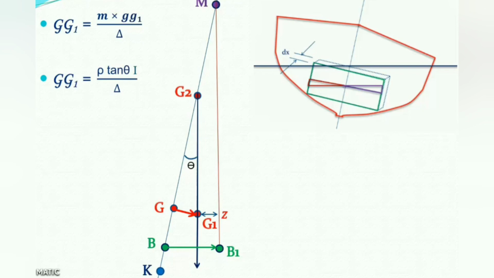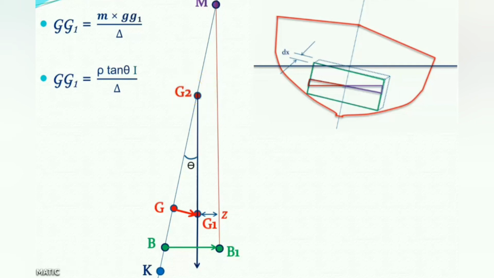Now, it comes to a very interesting part right here. The ship's weight either acts downwards through point G1 or it acts through point G2. We are going to have the same amount of righting lever in both the cases and hence the same stability behavior of the ship.